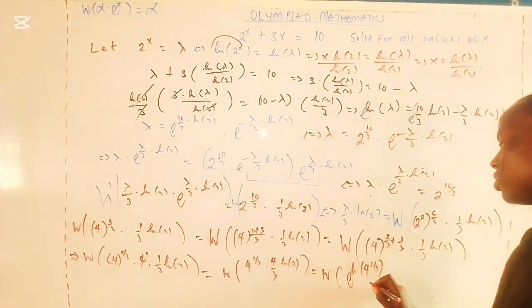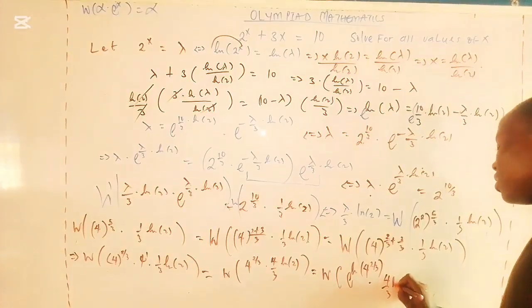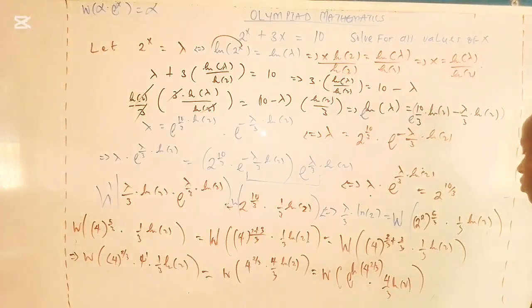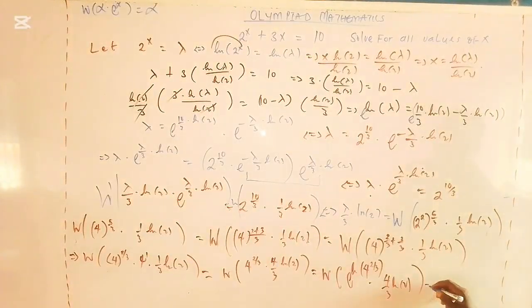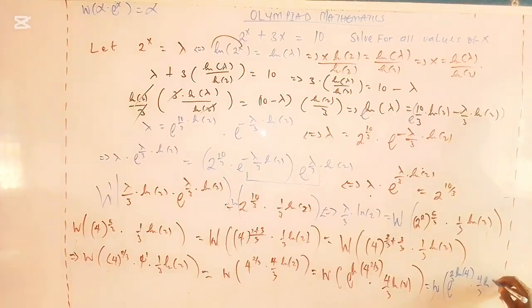So you can bring out this 2 over 3. Okay, so we have 4 over 3 natural log of 2 here also. So if I bring out this 2 over 3, so I'm going to have Lambert W function of exponential 2 over 3 multiplied by natural log of 4. Then multiplied by what? 4 over 3 multiplied by natural log of 2.